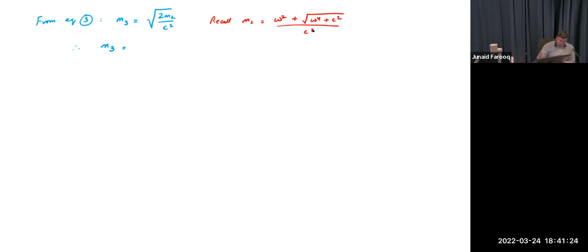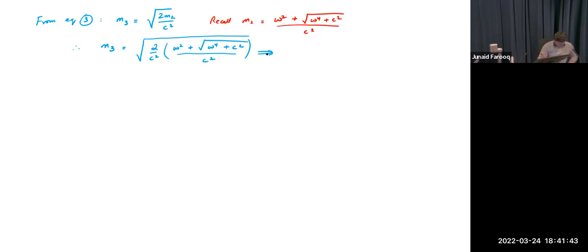If you use this, then what you will get is 2 over c squared times omega squared plus omega 4 plus c squared divided by c squared.